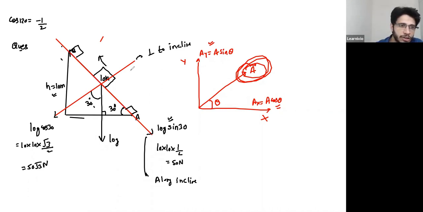This 10g cos 30 is acting perpendicular and will not contribute to the motion along the plane. But 10g sin 30 will contribute to the motion along the plane. So I call this the x component of weight and this the y component, with a somewhat tilted x-axis and tilted y-axis.